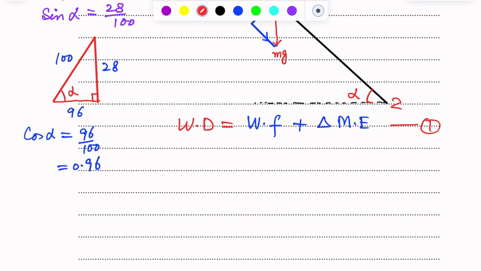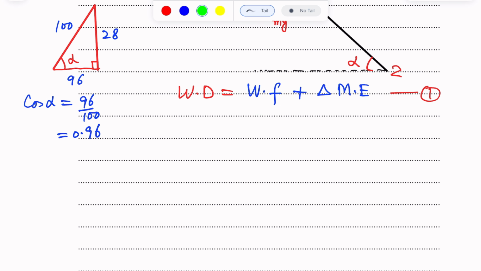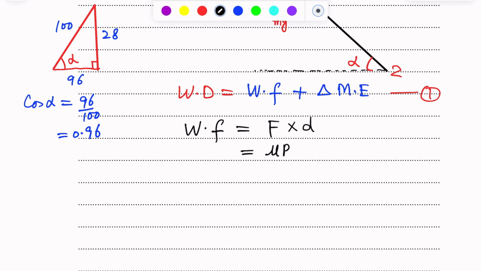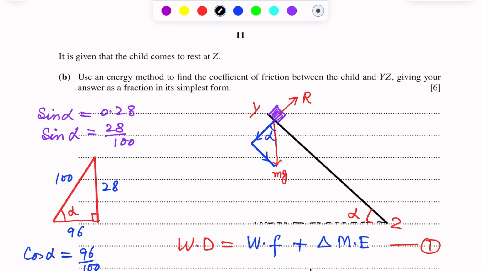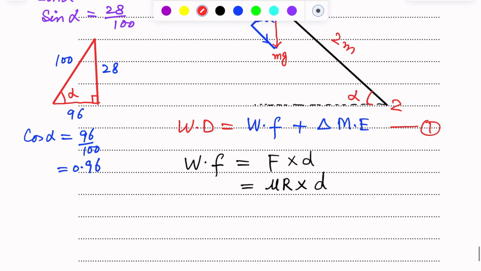Now first of all we will find the work done against the friction. The formula for work is F into D. F is the force of friction, that is mu R. Mu is involved here. And D is given, that is 2 meter, since YZ is 2 meter.